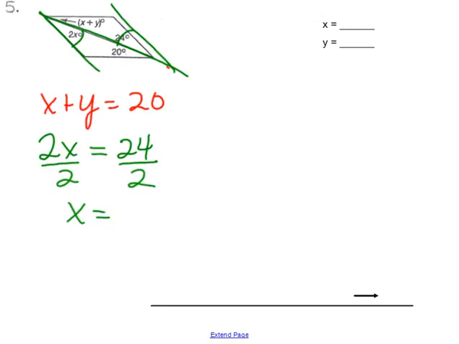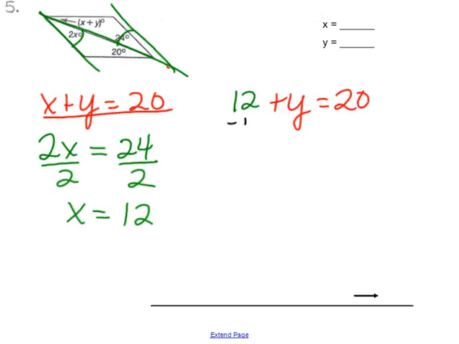So x equals 12. So now I'm going to take that x and put it into the other equation. So I'm going to say 12 plus y equals 20. Okay, that's not so bad. So let's say minus 12, y equals 8. And x was 12.